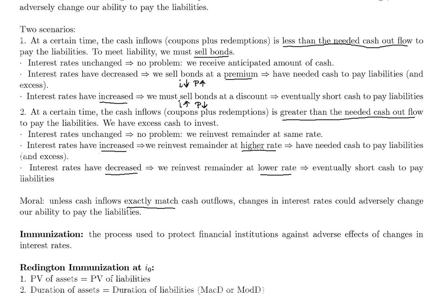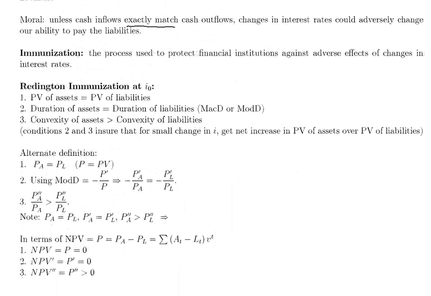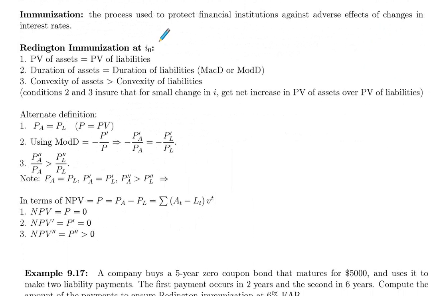So immunization then refers to the process that we're going to use to protect companies or financial institutions against these adverse effects of changes in interest rates. So it's immunization against the adverse changes from interest rates, either going up or going down, depending on what your situation is.